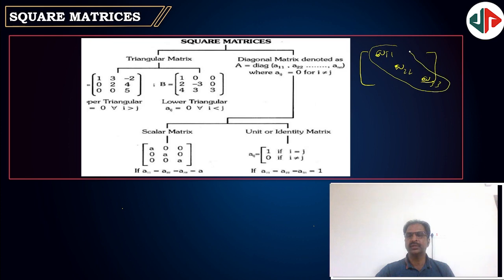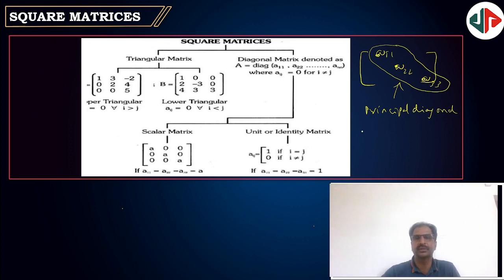So the diagonal which contains the elements having same row number and column number is known as principal diagonal. It is defined only for a square matrix.